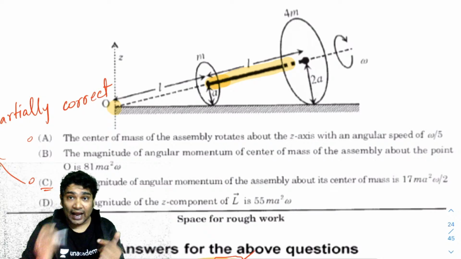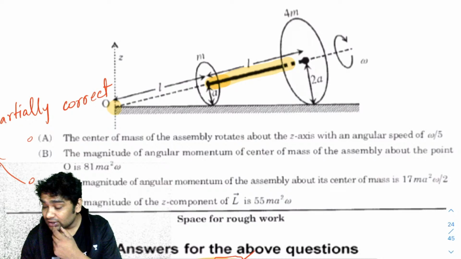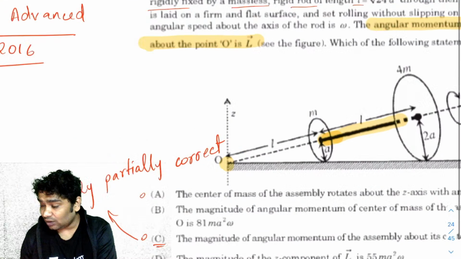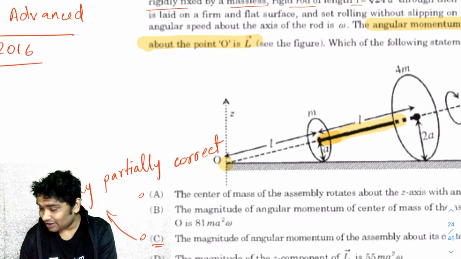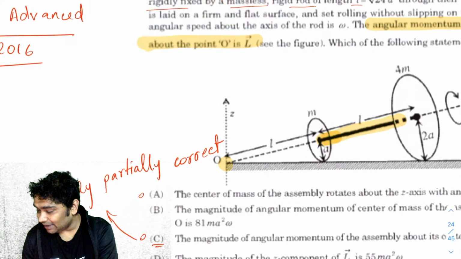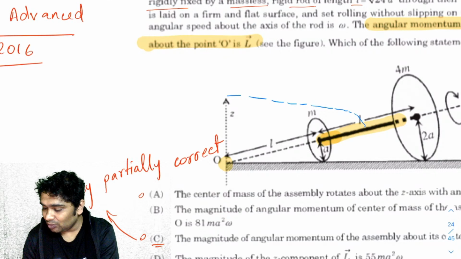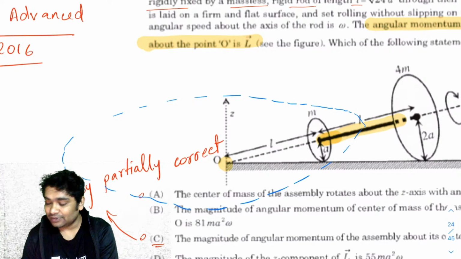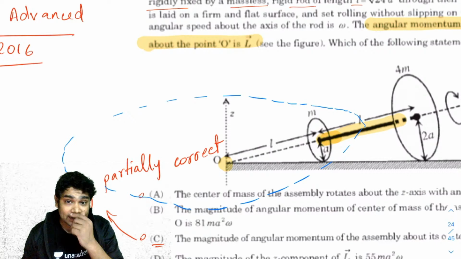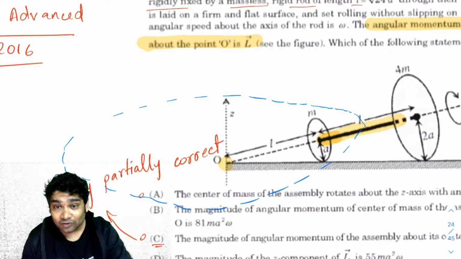So I want to find out the time in which the CM will complete one entire rotation. Let's see the time in which the CM would move like this and come back here.